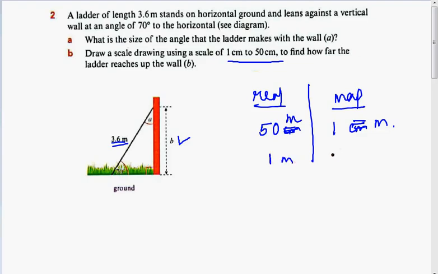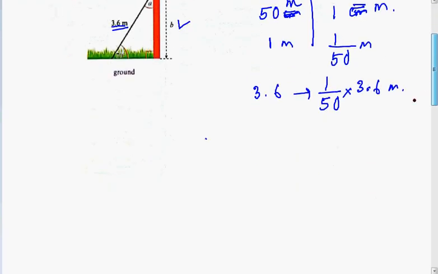So 1 meter is 1 by 50 meters and 3.6 meters will be 1 by 50 into 3.6 meters, which comes out to be 0.072 meters.